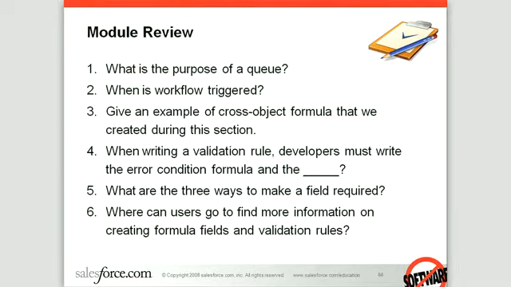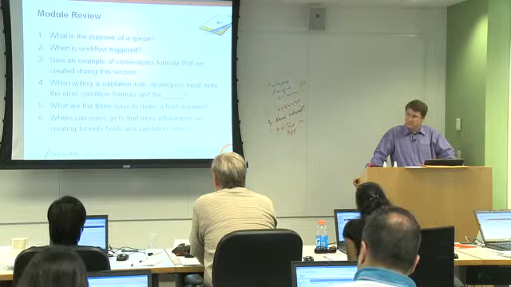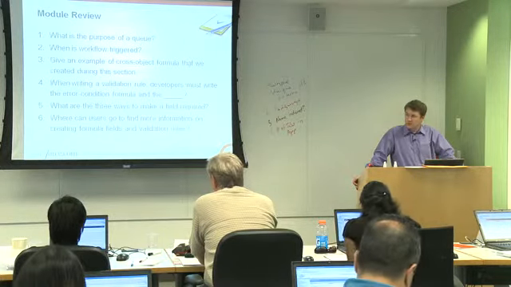John, when is workflow triggered? Workflow is triggered when a record is updated. Yeah, it's a little bit nitpicky, but updated or also inserted. We would say anytime there's a database write or save that occurs, that will then fire off the associated test of the entry criteria to see if the workflow rule fires.